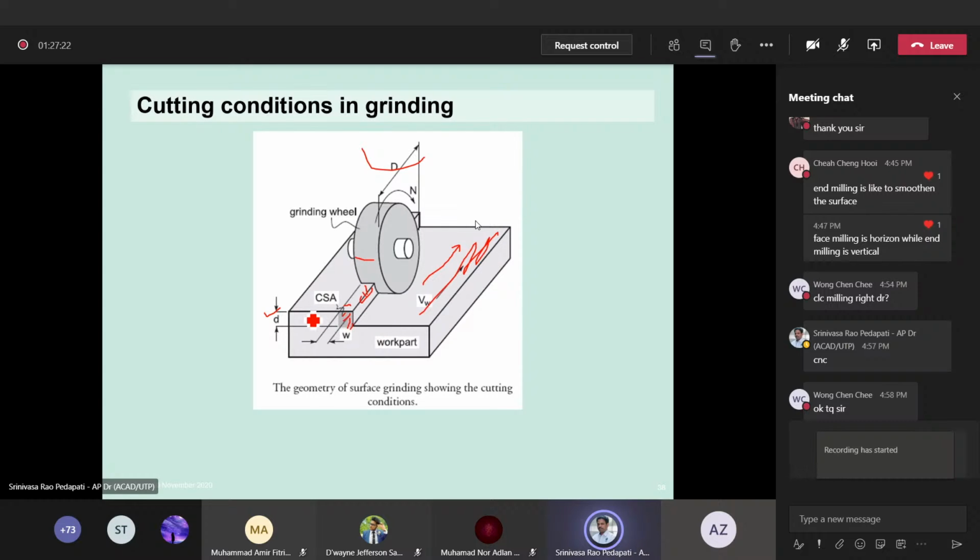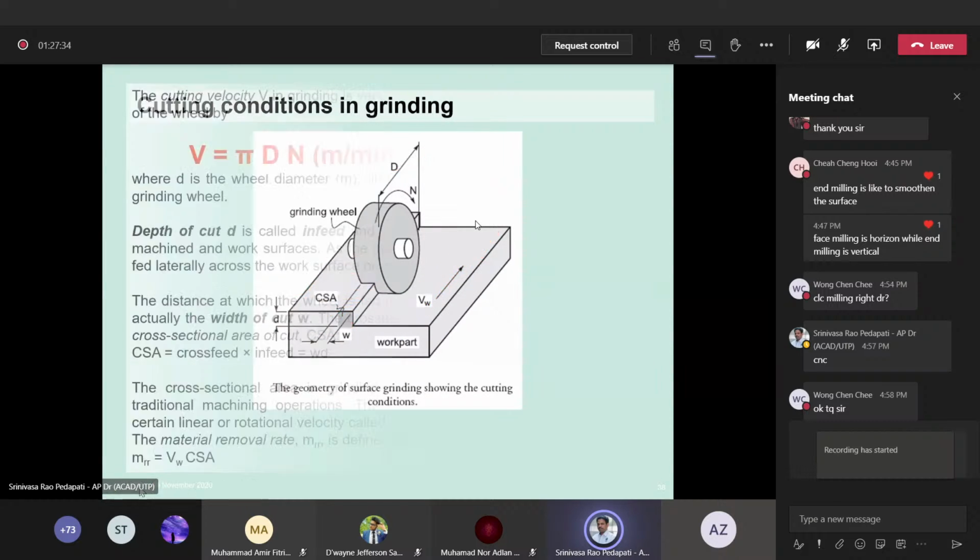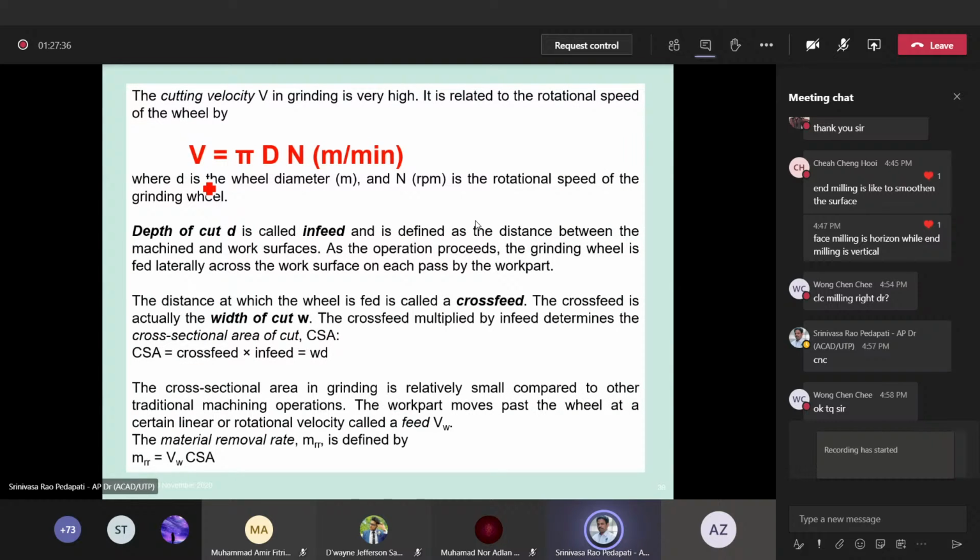The material removed is depth of cut d and width of the wheel w, that is d times w, which is the CSA, that means cross-sectional area. So this is how we calculate the time that is required to cut. All that is similar to our previous operations.